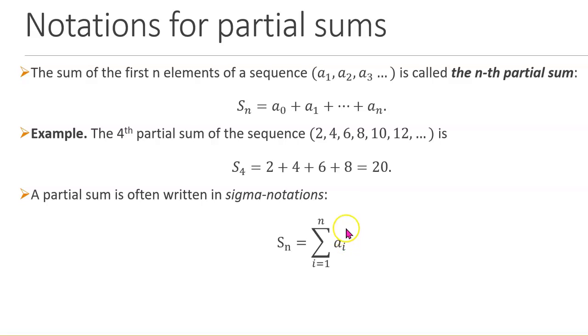And when do we use a notation like this? Usually it is when your sequence uses a very complicated long general formula. In that case, it's more compact to write the sigma notation.